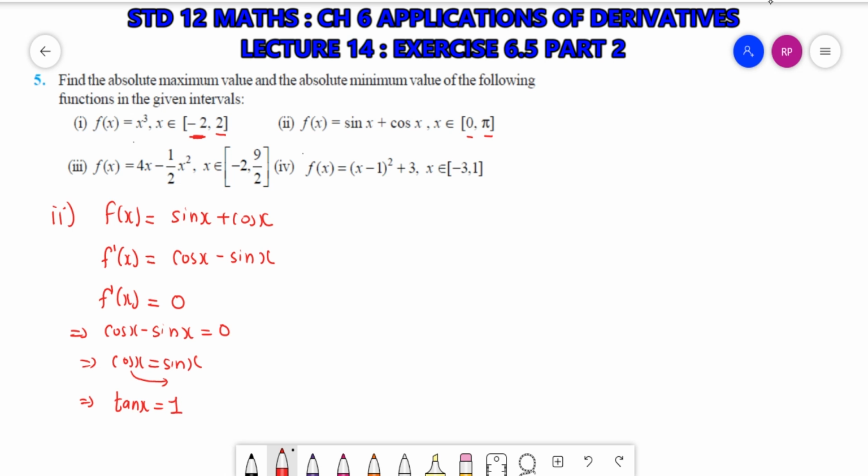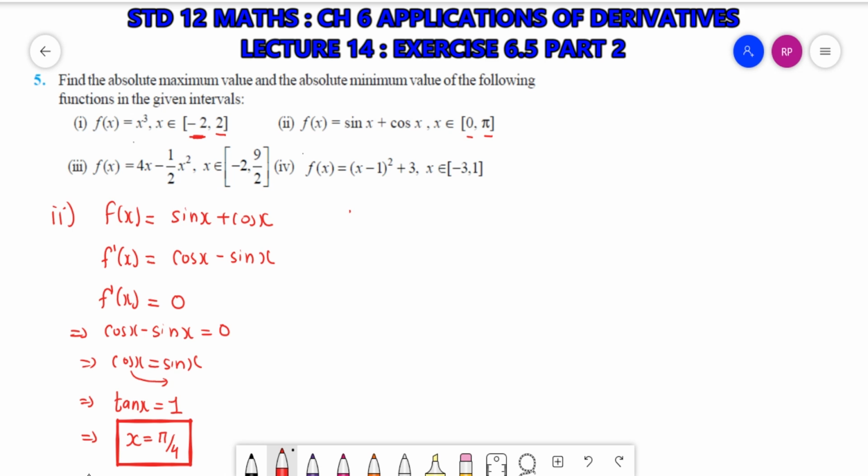Now when is the value of tan x equal to 1? That implies x is equal to pi by 4. Now see, this is from 0 to pi. In the second quadrant, tan is negative. So there is only one critical point, that is x is equal to pi by 4. Remember, there can be more than one critical point. Then you need to verify from all the critical points as well as the boundary terminals a and b.